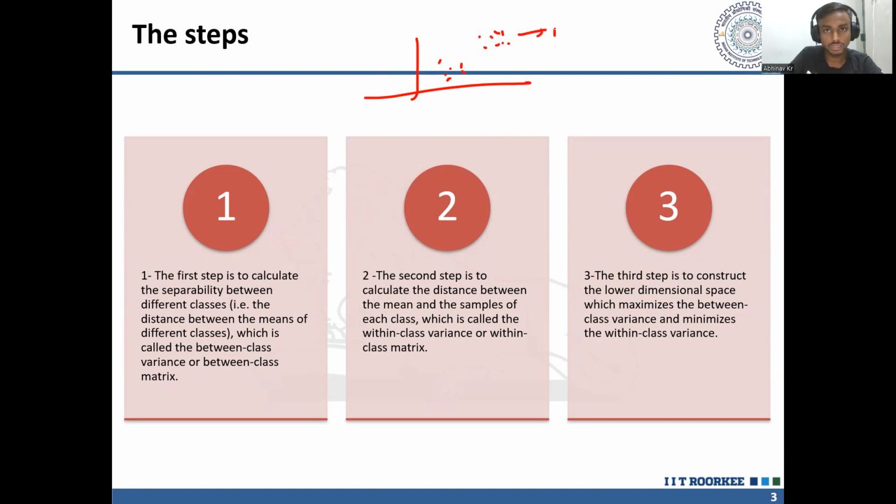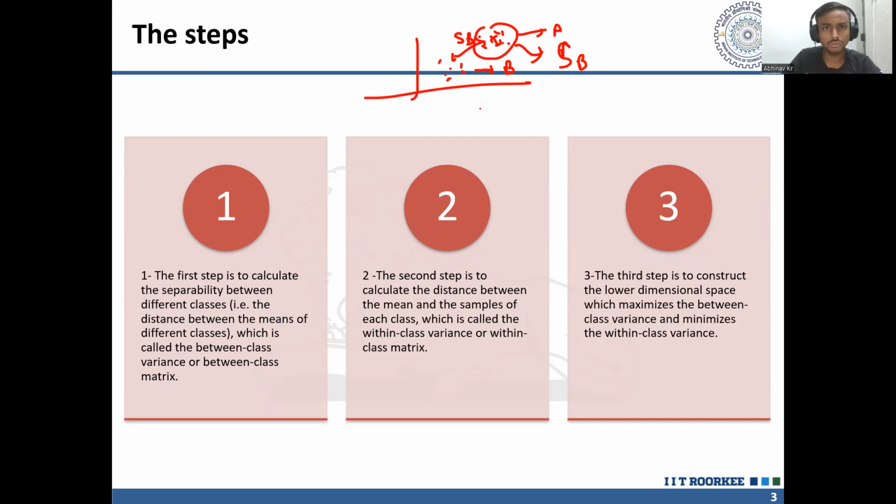Suppose this is of class A and this is of class B. We first calculate the variance between the classes, which we call SB. And then the second step is to calculate the variance in the class itself, like the distance between the data points themselves, which we call SW.